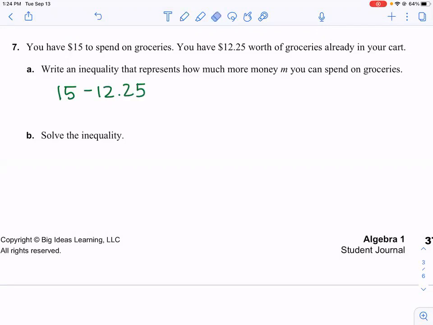Actually, never mind. I have no problem with what you're writing. So you already have 12.25, right? And you might spend a little bit more money, right? Now, between the 12.25 you already have and the little bit more money, what's the inequality that needs to be written now? Okay, so 12.25 plus n is less than or equal to 15. What I put in my cart cannot exceed $15 because that's all I have. Yes.